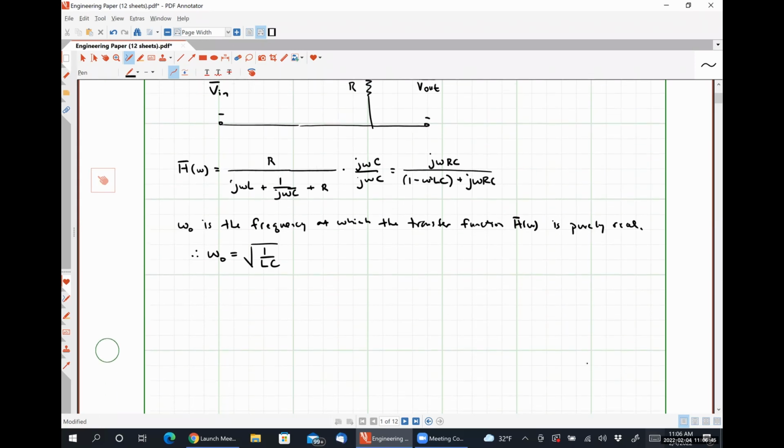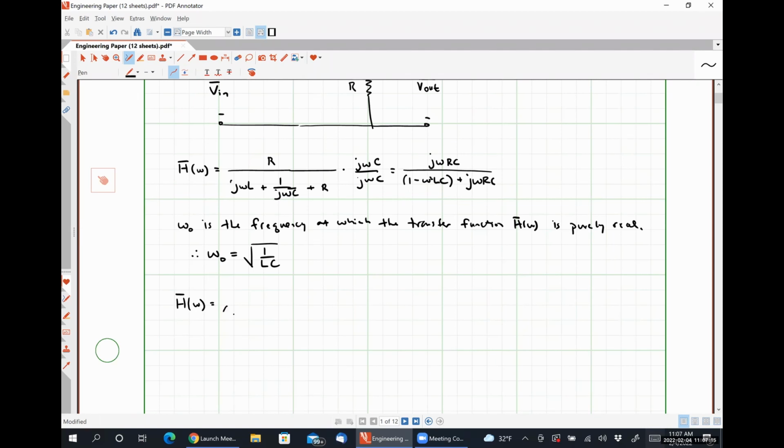So we can expand our transfer function doing the exact same thing that we did in class on Wednesday, where we're just going to multiply our transfer function by the complex conjugate of the denominator and divide by the complex conjugate of the denominator as well.